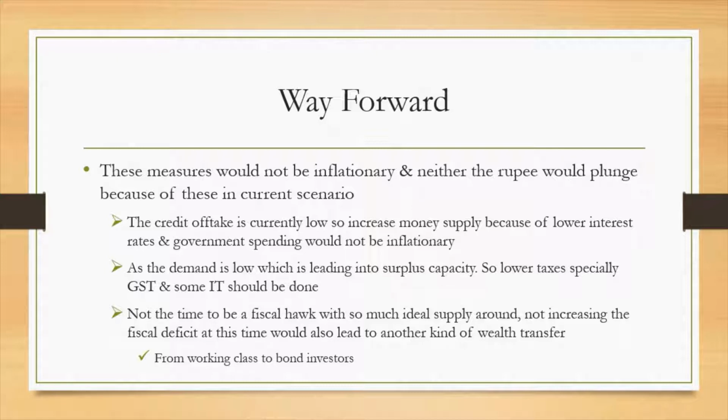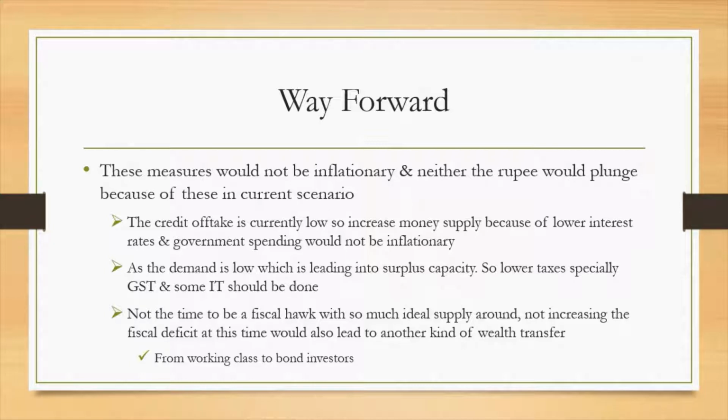This can be done by the government by reducing the GST and giving some IT or income tax relief. I would say reducing the sales tax, or in other words, the GST, thus reducing the price of the products, gives a bigger boost in this situation, as if we give some direct income tax relief, a large part of it can go to the savings and not really boost the demand.